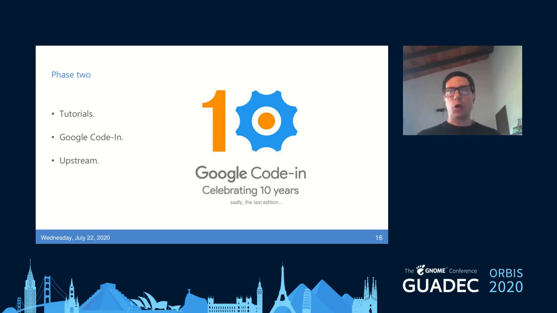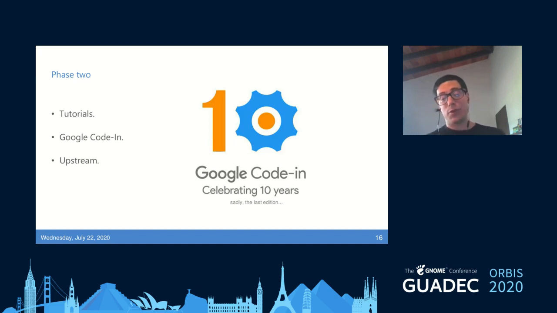So after I got the first two applications published in Flathub, I spent some time writing decent but complete documentation on how to reproduce this, and I signed up for Google Code-in with Sugar Labs, and we did something kind of clever.